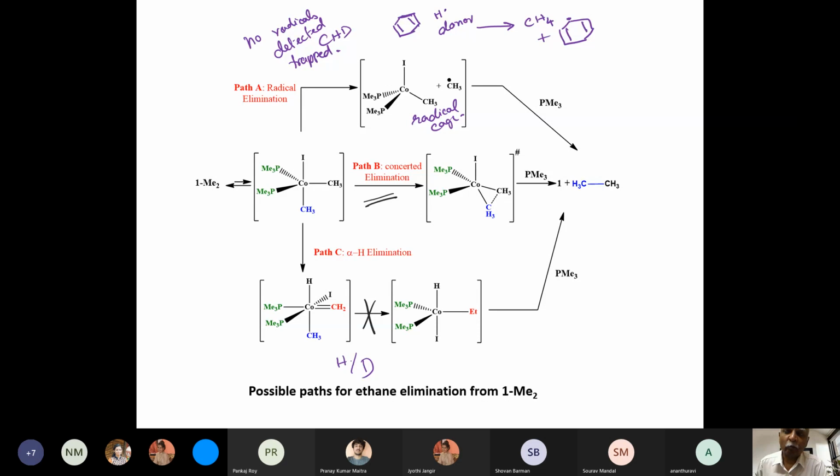So the small isotope effect is precluding this pathway where you have an alpha hydrogen elimination. Although this is a very nice way to explain why you need a 5-coordinate intermediate. I should say that this is a beautiful experiment, but it rules out the formation of the 5-coordinate intermediate going to a carbene methyl.